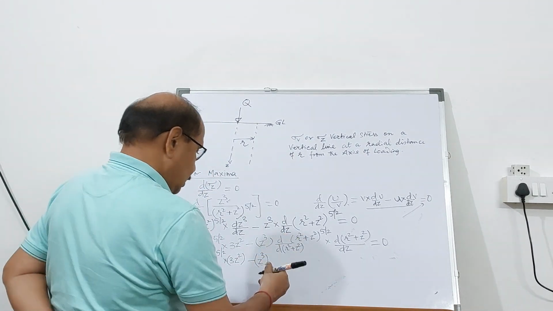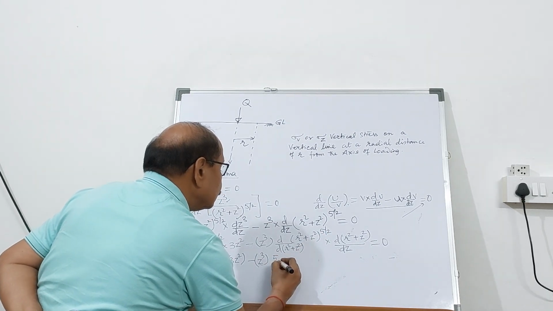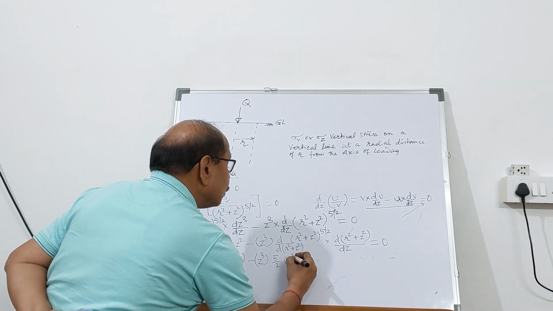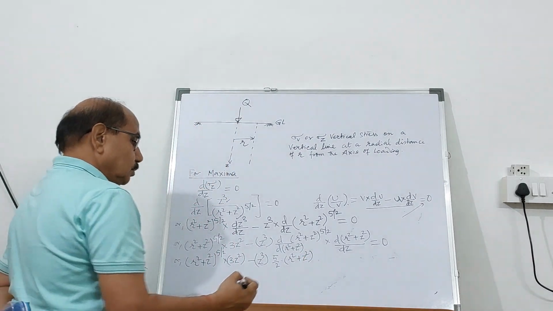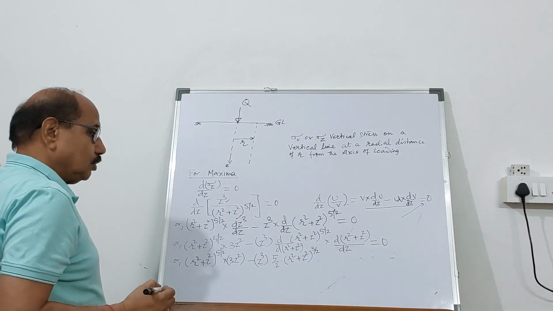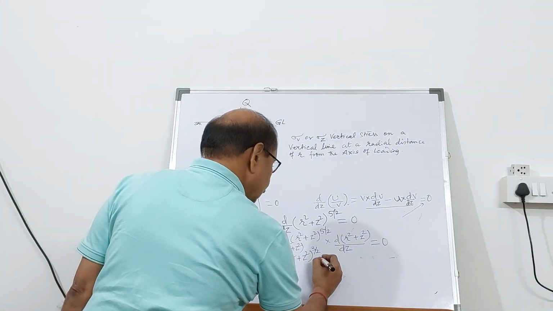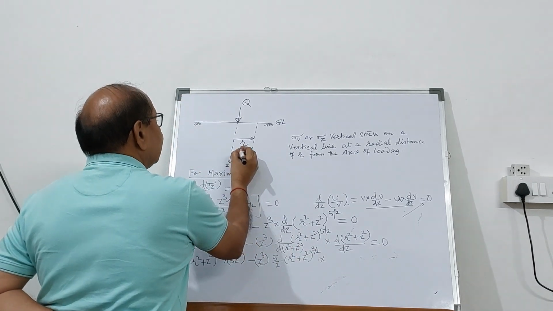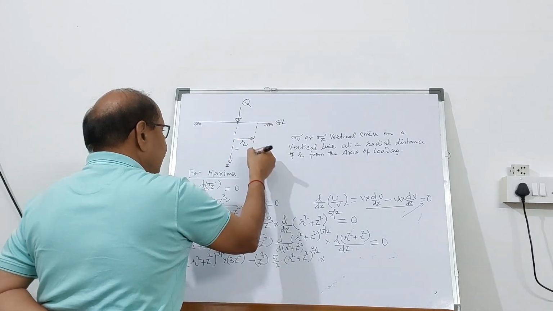Now this will be how much? 5 by 2 into r square plus z square to the power 3 by 2 into... r is constant. Say r is here constant for a vertical plane.